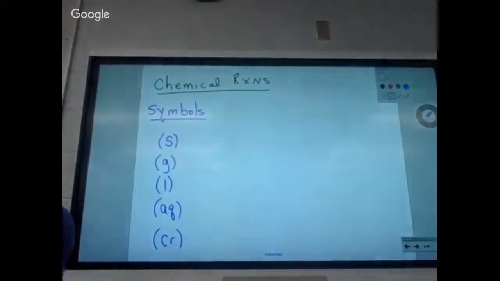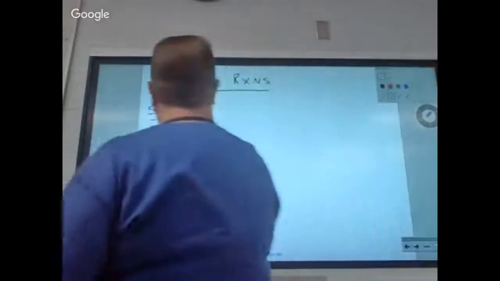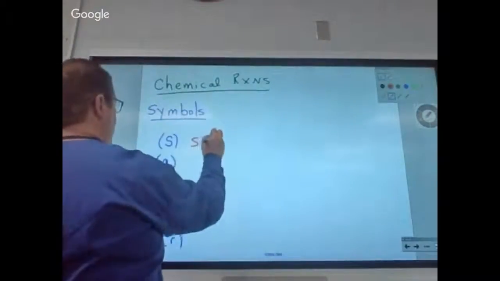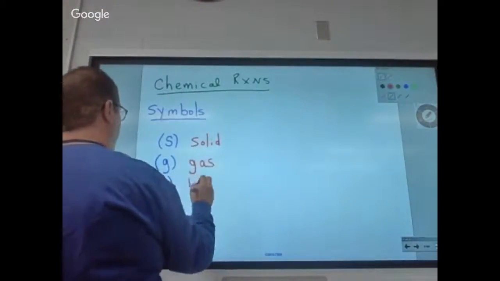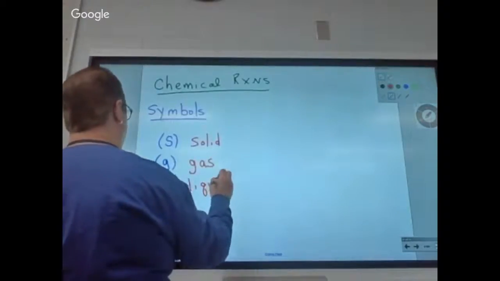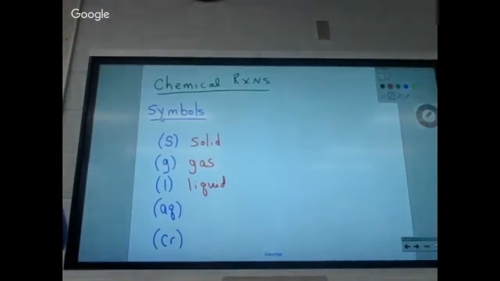Now, the first 3 I would think everybody would know. What does S stand for? Solid. What does G stand for? Gas. L. Liquid. Good. Anybody know what AQ stands for? Air quality. We don't usually have those in chemical reactions.